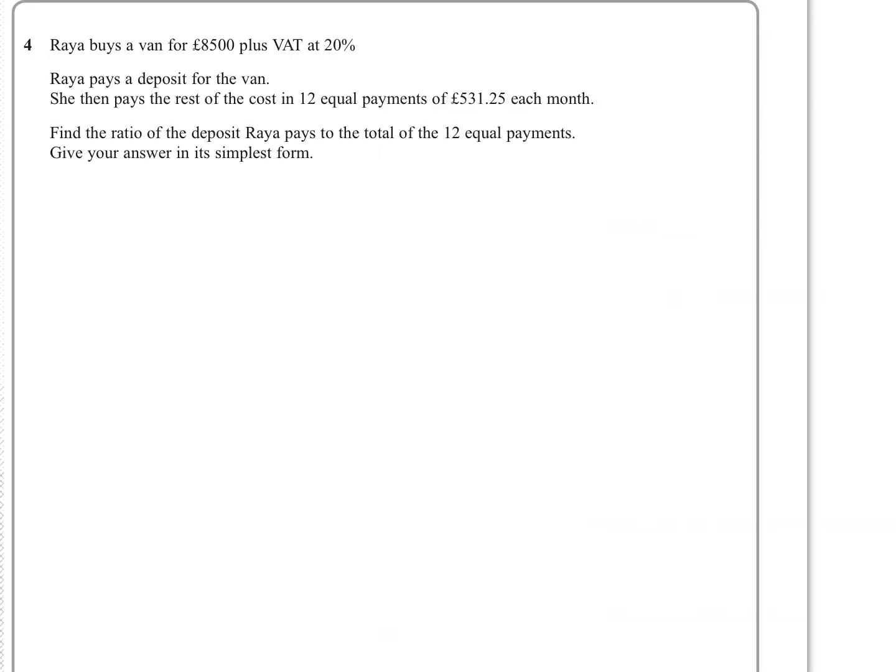Question 4. Rhea buys a van for £8,500 plus VAT of 20%. So we can use the multiplier effect here, 8,500 times 1.2, which is 20% added on straight away as a decimal.